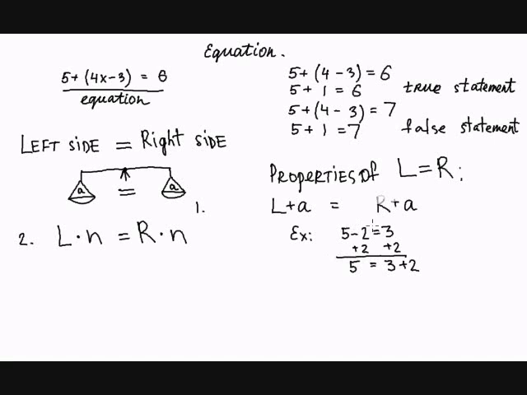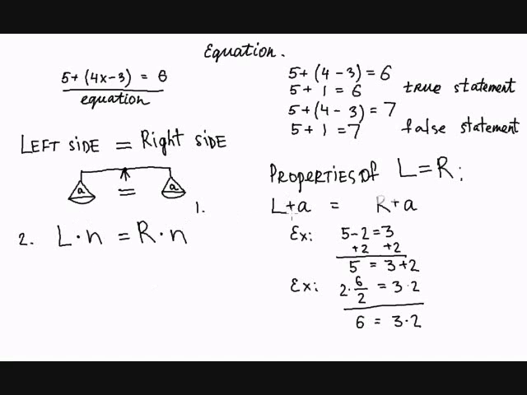This shows that the equation was preserved after we added 2 to both sides. For example, we have 6 divided by 2 equals 3. This is an equation. If I multiply both sides of the equation by 2, that again preserves the equation, and we can verify that 6 equals 3 times 2.